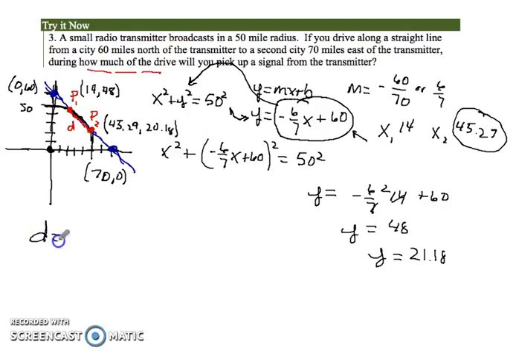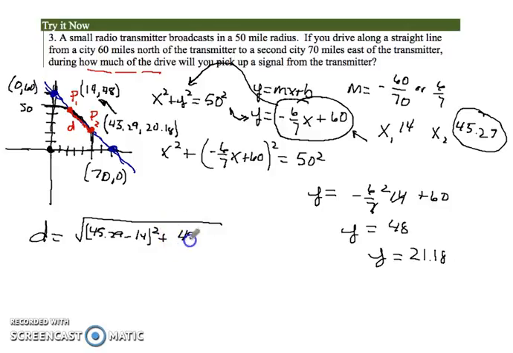So the distance is going to be equal to what? Well, it's the change of the x squared and the change of the y squared. So if we subtract these two, the 14 and the 45.29, I'll write it here: 45.29 minus 14 squared plus, now let's subtract the y's.